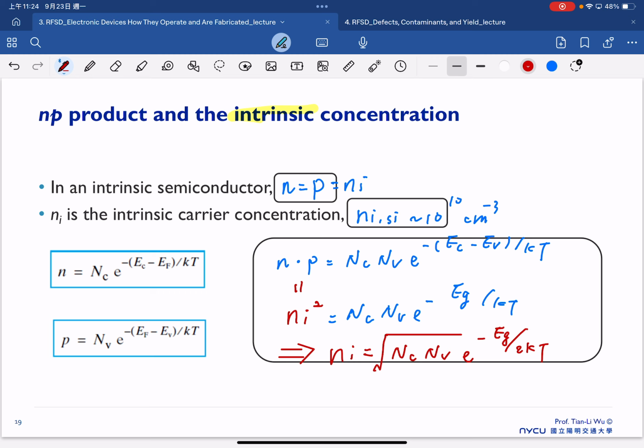So now we can start to try to correlate our band gap versus our intrinsic carrier concentration.